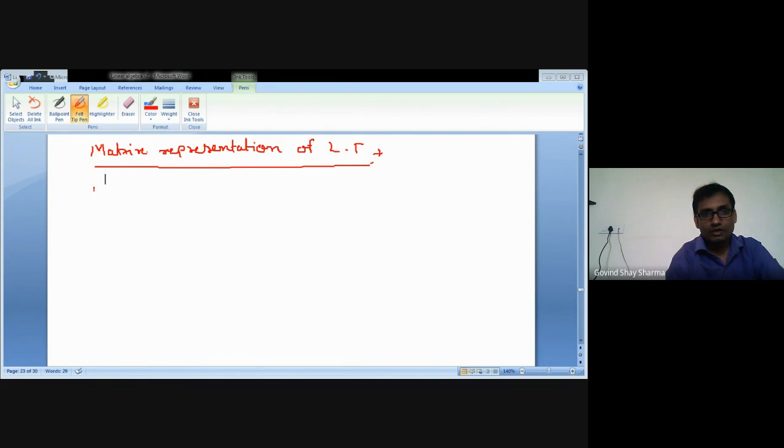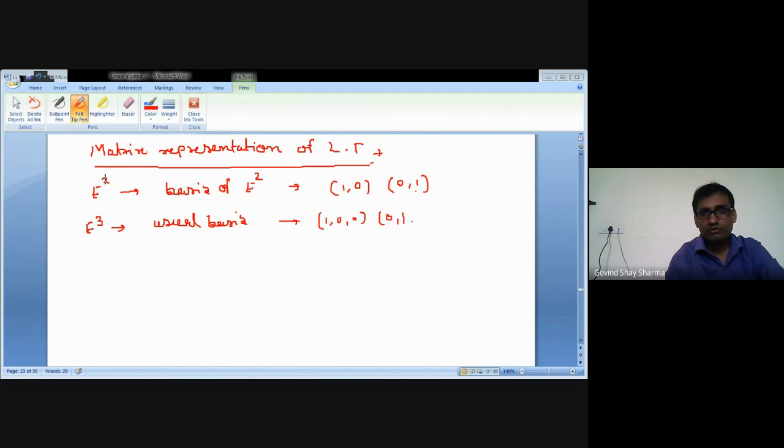I told that E2, the usual basis of E2, is (1, 0), (0, 1). The usual basis of E3 is (1, 0, 0), (0, 1, 0), (0, 0, 1).